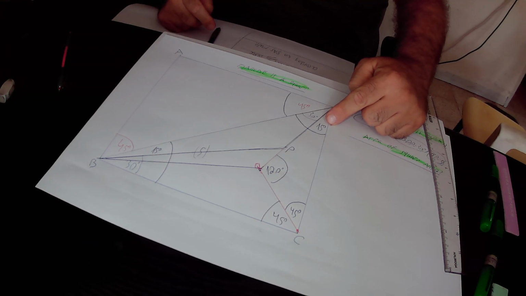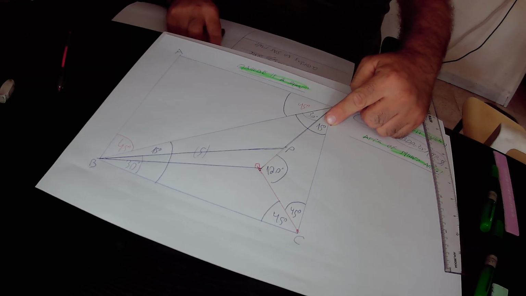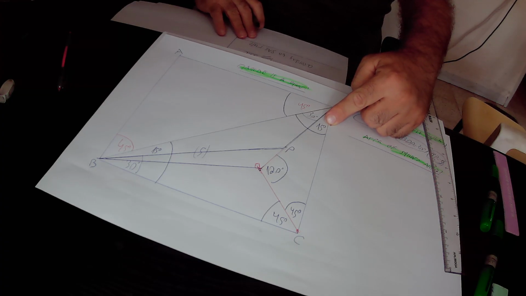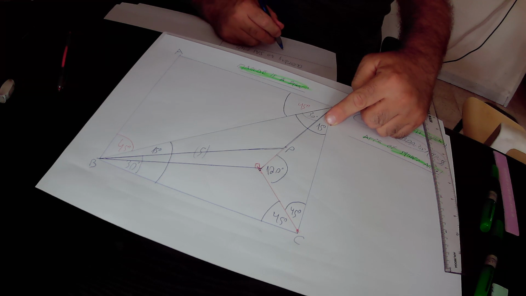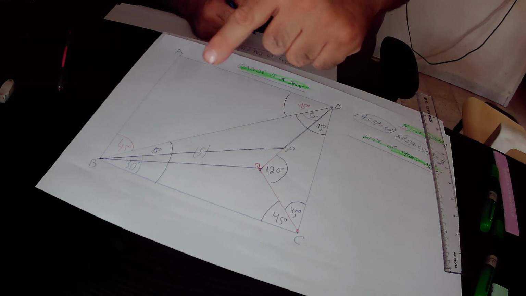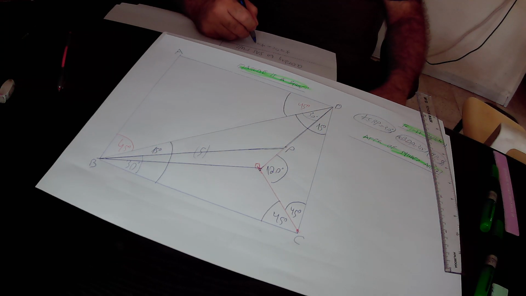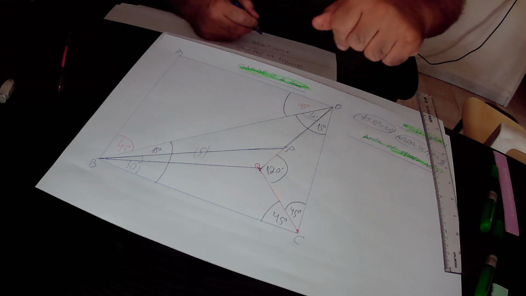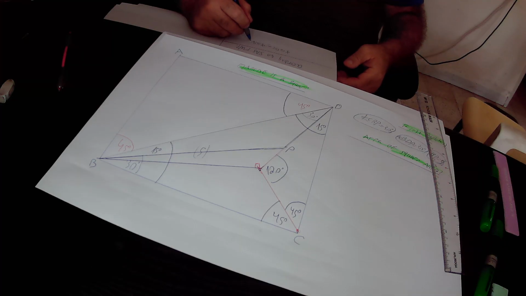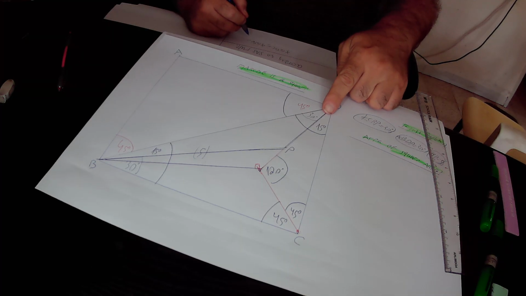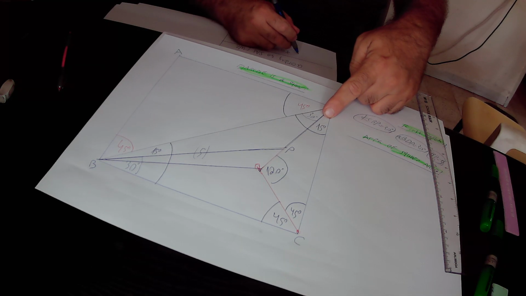So this angle QDC in triangle DQC is equal to this angle, the angle QBC in triangle BQC. This angle equals 15 degrees in its size.